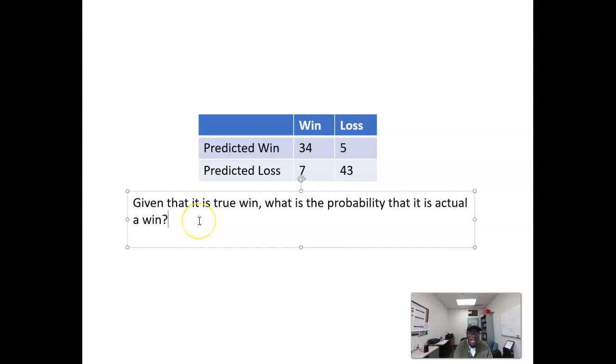This has a name: it's called recall. Using the algorithm, what percentage of the actual wins are we able to recall? In this situation, it's going to be 34 divided by 41.